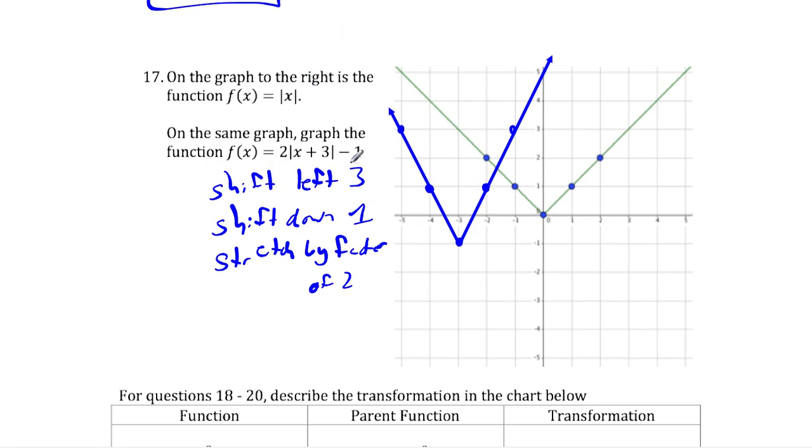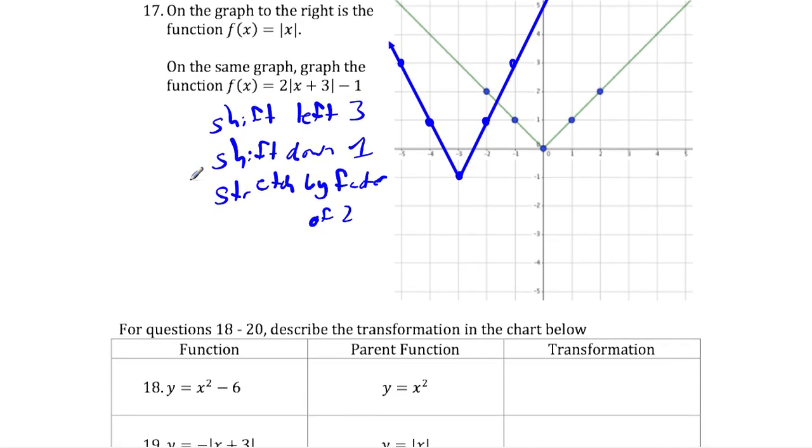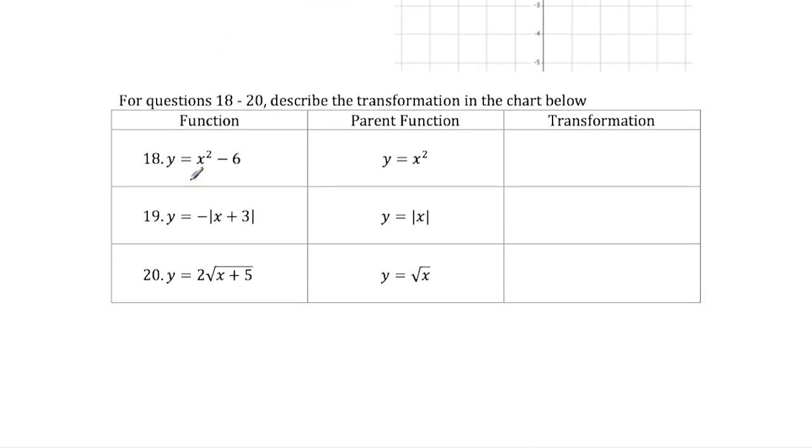So make sure you can understand the transformations that are happening and then how to shift the points. Now, to better emphasize what's going on with the transformations, we have this. Here we have parent functions and transformations. If the parent function is y is equal to x squared, and I have this transformation, the transformation is shift down 6, because what I'm not doing is moving the x.